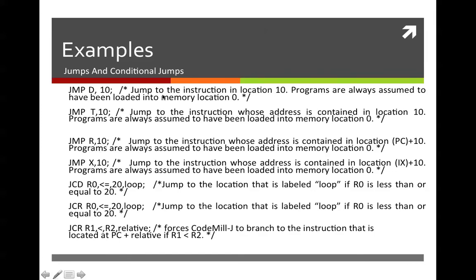Now we assume that the programs where these jump instructions can be placed always begin at memory location 0. That is, they're loaded into memory location 0. So when we make a jump to location 10, this is just like we move 10 locations down from where we are to jump to that place.